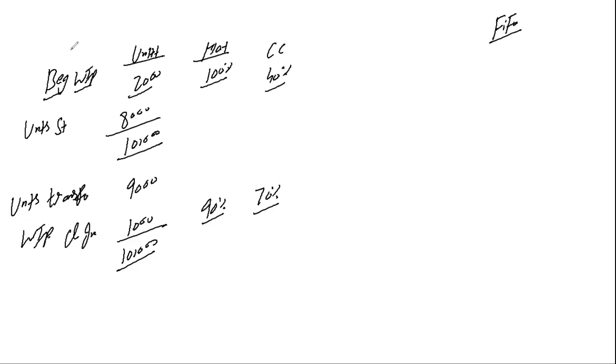So actually the case before, which we discussed, we call material added throughout the process, and this is the case which we are discussing, that we call material added 100% at beginning of the process. So that's why you can see that beginning work in process is 100% completed with respect to materials. Students, here, we will do some questions in our next video as well.